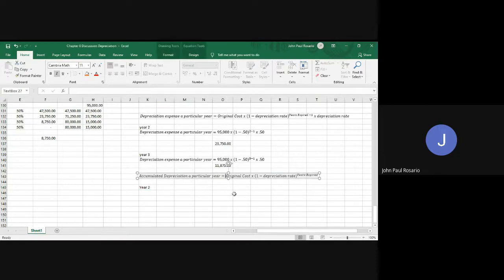wait lang guys, let me imagine first. Yeah. Original cost less, real cost times 1 less.